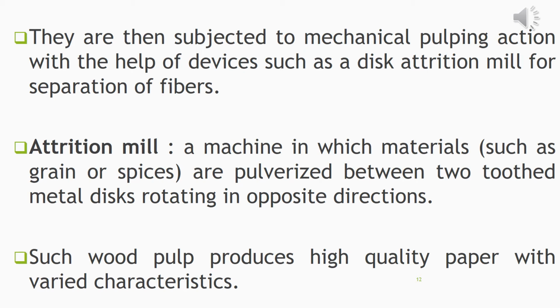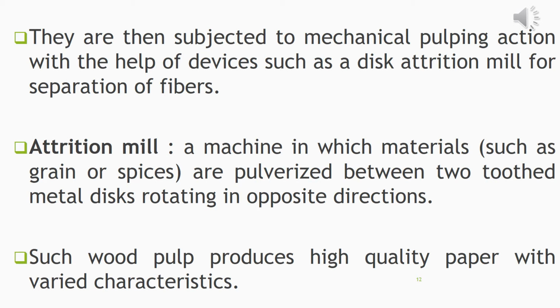An attrition mill is basically a machine in which materials such as grains or spices are pulverized between two toothed metal discs rotating in opposite directions.